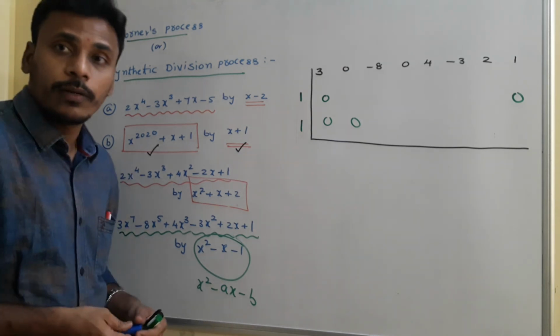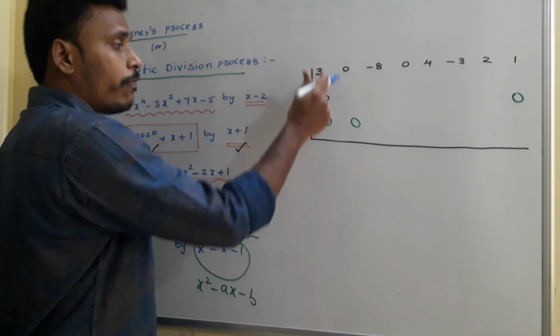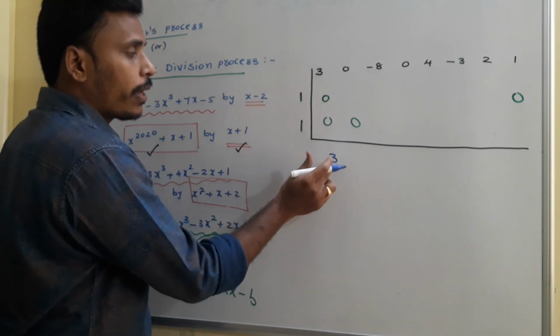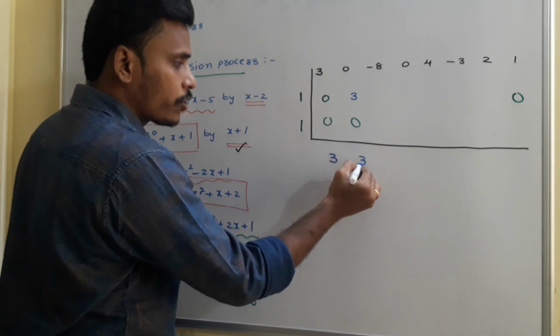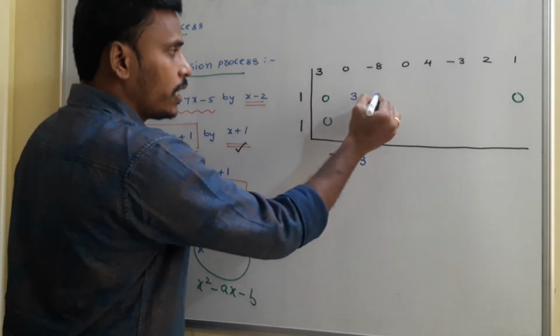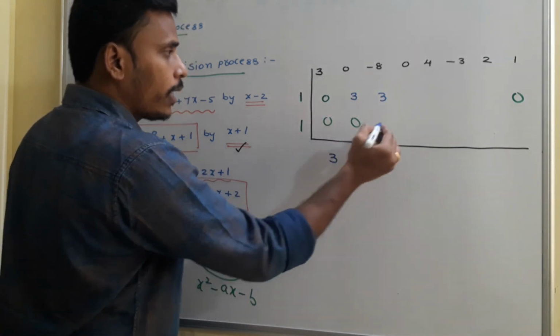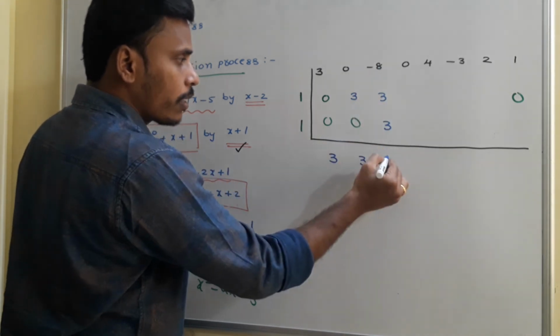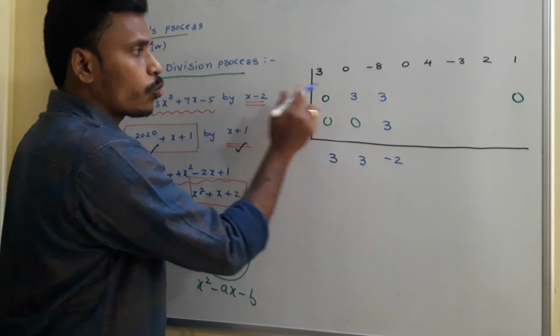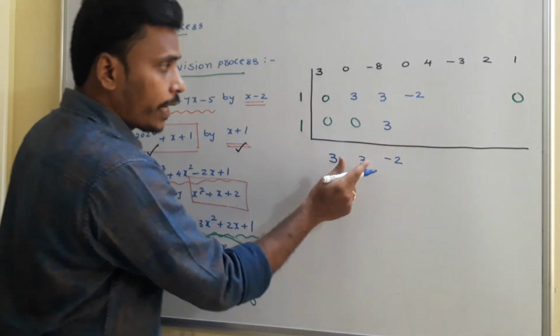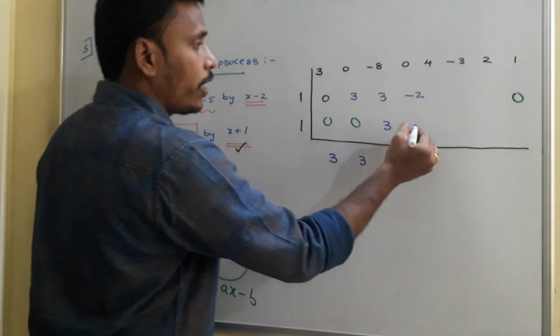So how can we proceed? As I mentioned, add column wise. This is 3. Multiply this 3 into 1. That is 3. Add column wise. This is 3. 3 into 1 is 3. Add column wise. Minus 2. Minus 8 plus 6. And then minus 2 into this one is minus 2. And then 3 into this one is 3.